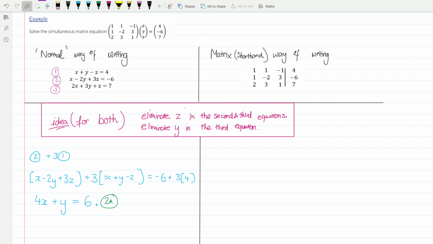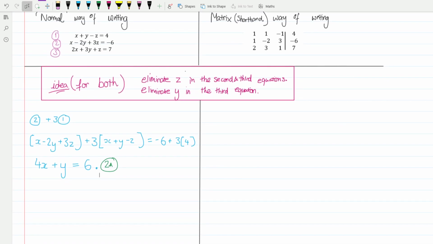I'll also do that with the third equation as well. So let's have a look at the third equation. 2x plus 3y plus z. There's a single z here. If I calculate equation 3 plus equation 1, that should help me get rid of the z, since there's a positive z here, minus z there. So let's do that.